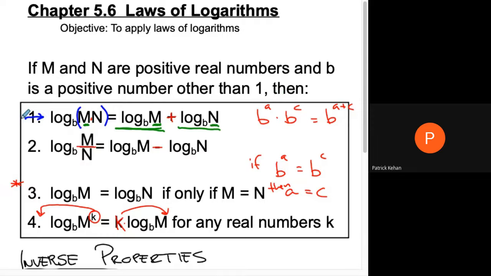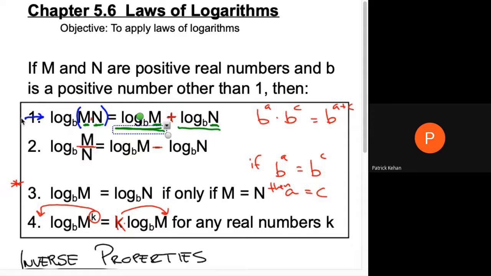So it really shows up in this group when you're multiplying m and n. That's similar to multiplying b to the a and b to the c. And when we do that with exponents, we add the exponents, a plus c. Since log base b of m is technically an exponent, and log base b of n is technically an exponent, we're adding them. So I'm just trying to relate the properties of exponents here on the right to this property over here with logarithms.